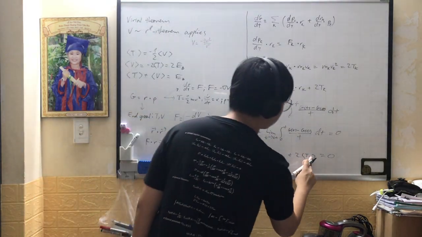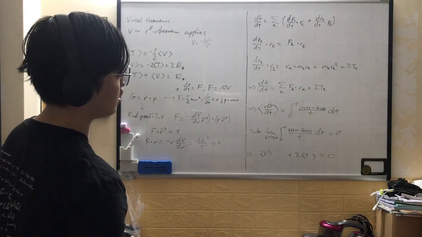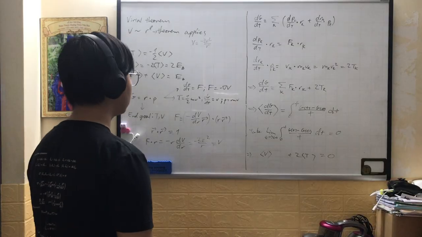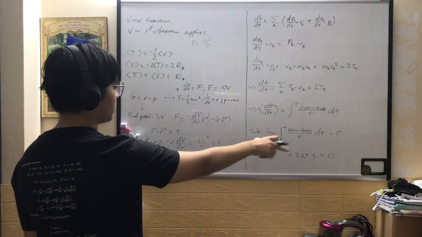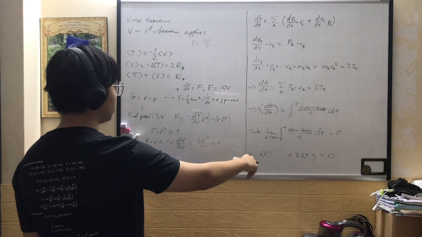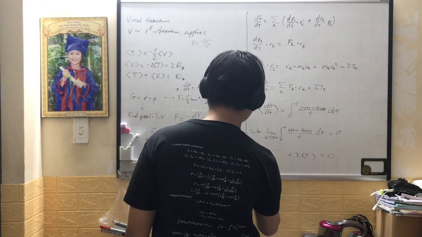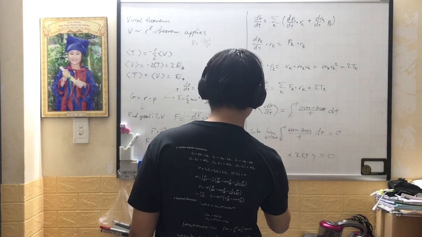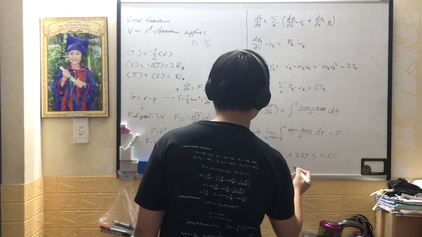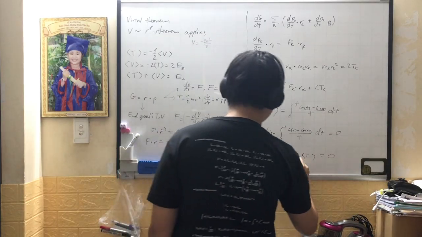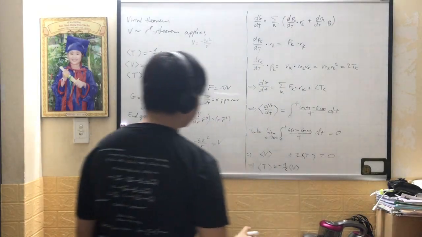Okay, T, just put it into T. So we now got V plus 2T equals 0. You put that over there and do the thing, and you would get exactly what we need, which is the expectation of T equals minus 1/2 the expectation value of V.